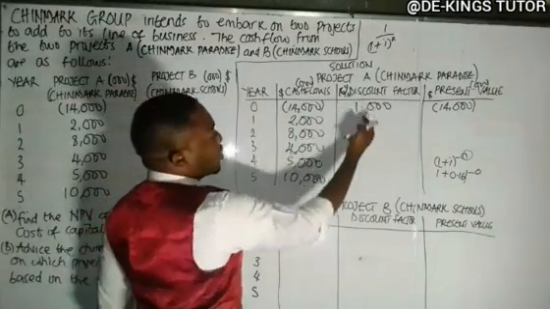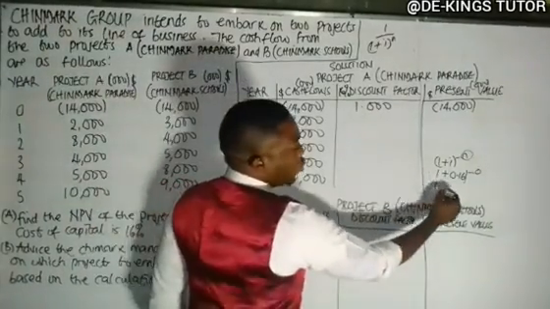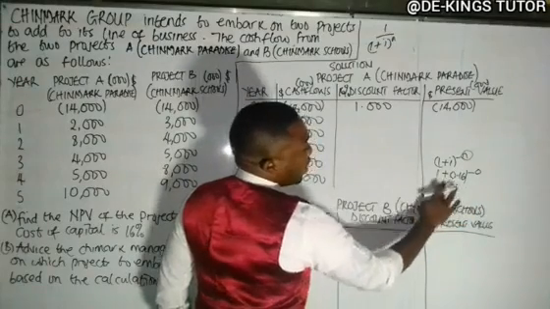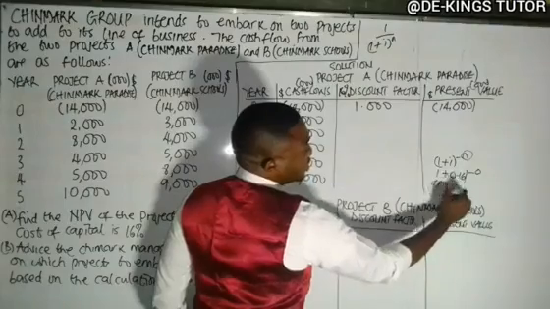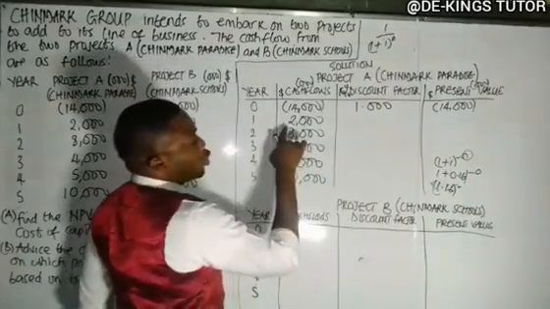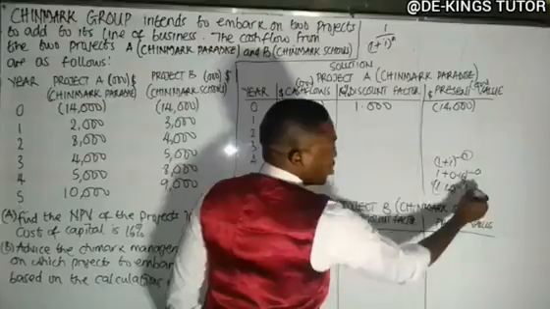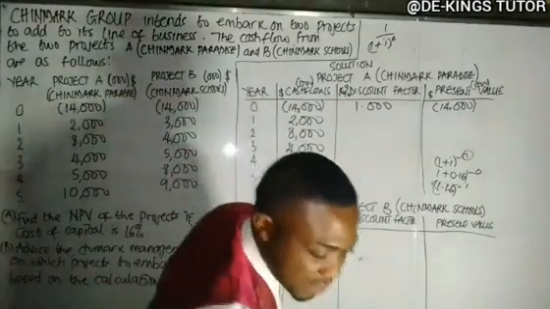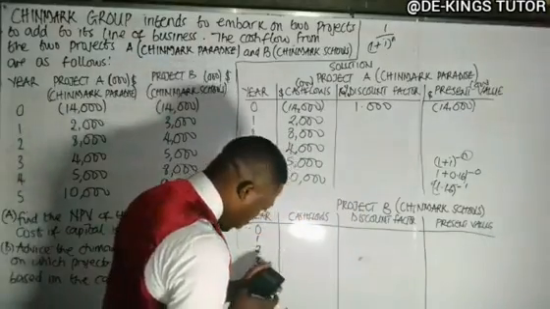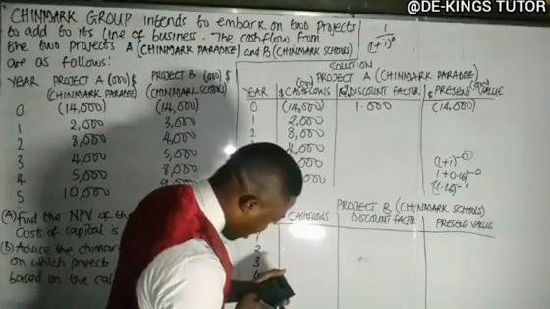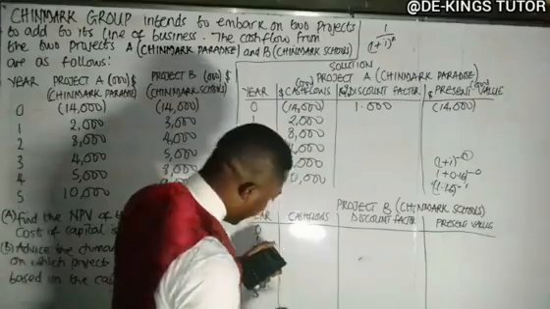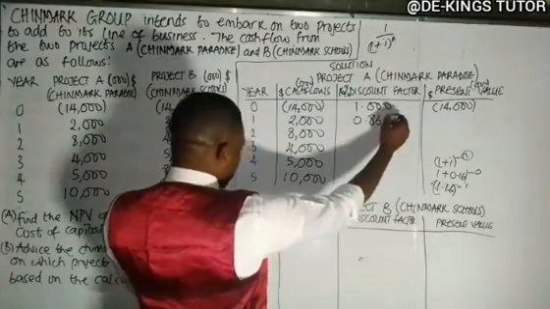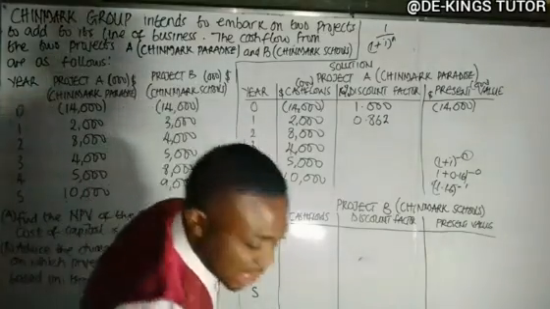Now the other ones also we will get the discount factor, which will now be 1.16. Okay, 1 plus i is 1.16 raised to power minus 1 to get the discount factor. And you punch your calculator, you have 1.16 raised to power minus 1, giving us 0.862. Okay, so that's the discount factor.